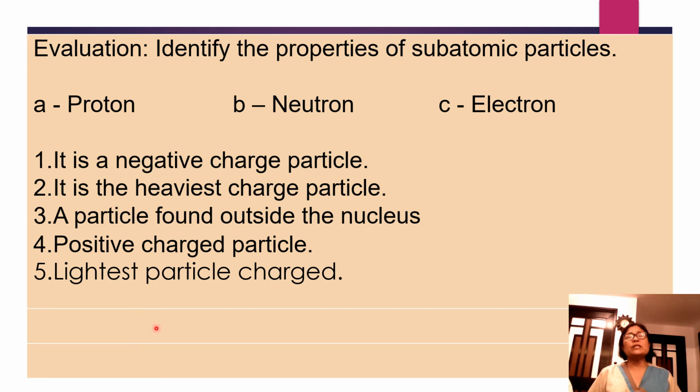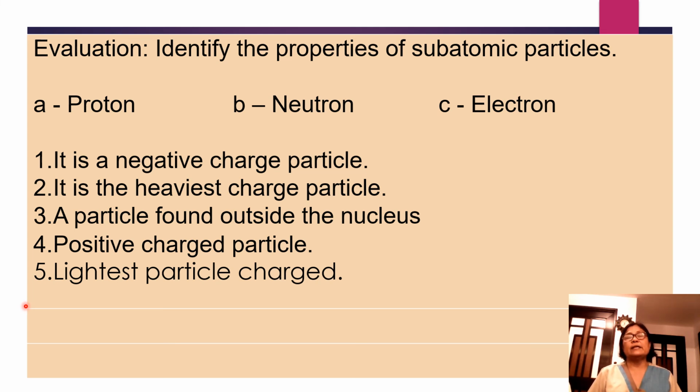So let's proceed now to a short evaluation. You're going to identify the properties of subatomic particles. So letter A represents proton, letter B neutron, and letter C electron. In number 1, it is a negative charged particle.